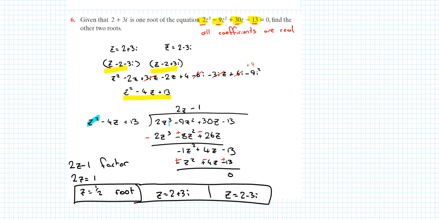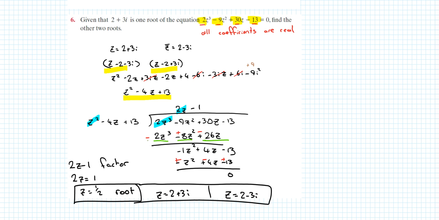So z squared multiplied by what is 2z cubed? That's 2z. And then I'm going 2z by z squared is 2z cubed. 2z by minus 4z is minus 8z squared. 2z by 13 is 26z.